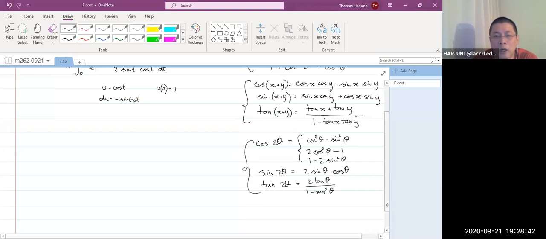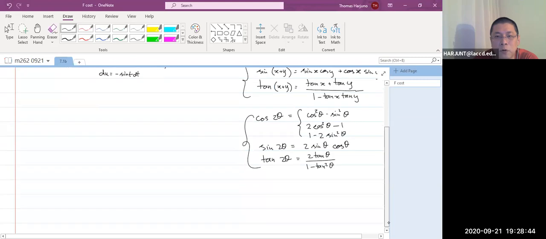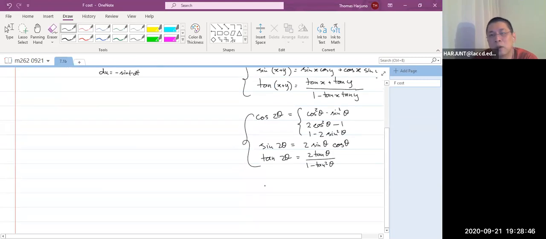And then power reduction formula. So cosine squared theta equals 1 plus cosine 2 theta over 2.